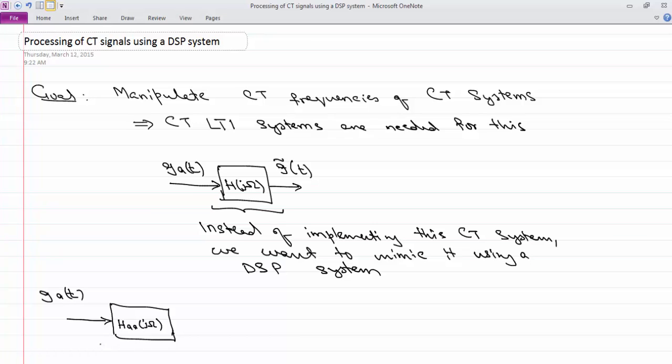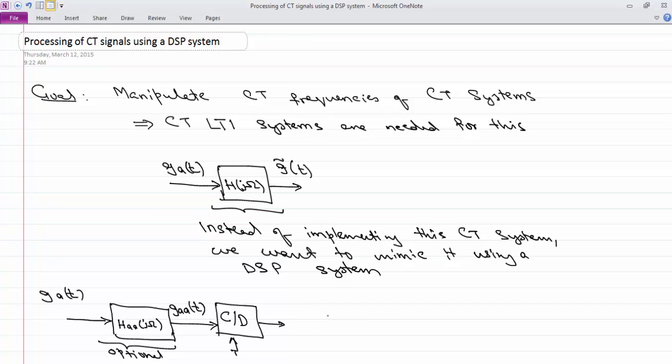It may or may not be optional. After that, you get this anti-alias version of your continuous time signal, and then you pass it through a continuous to discrete converter with time period T.